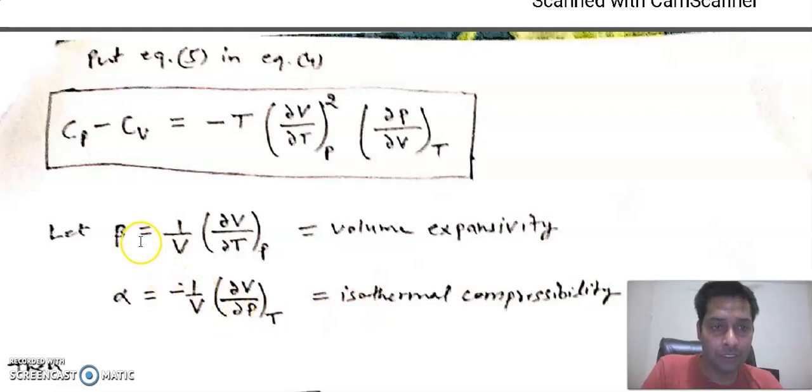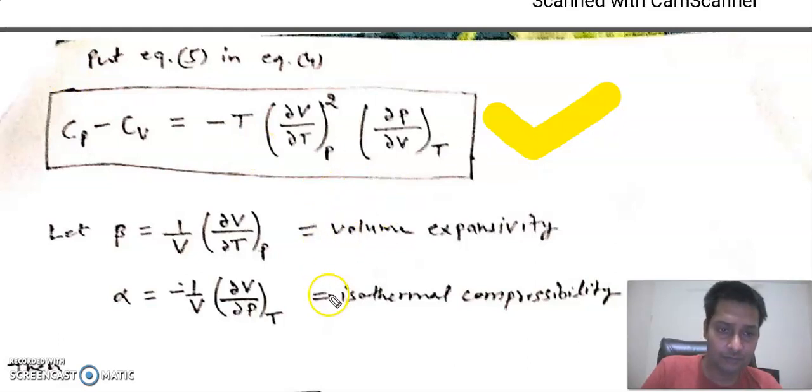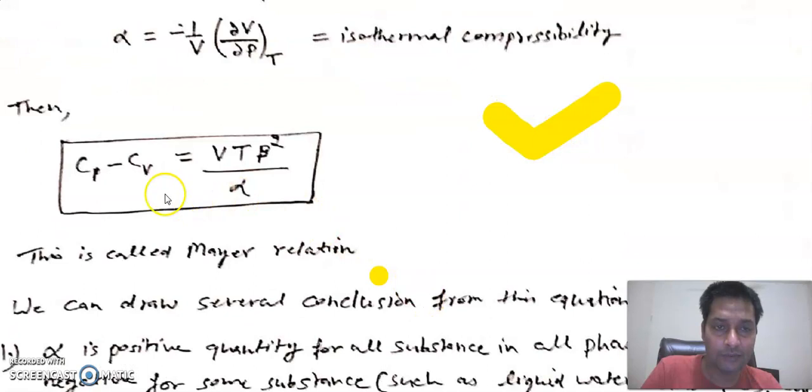So if we put this alpha and beta value in this equation, finally we will get this equation.